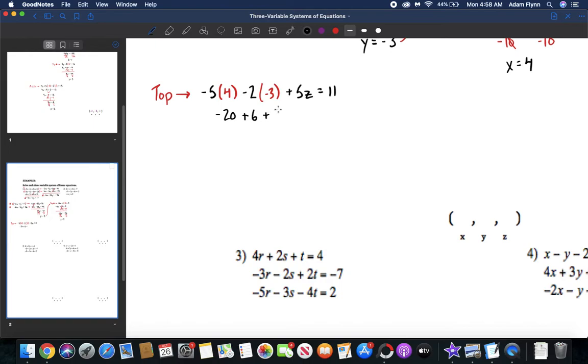And then I've got my plus 5z, which I didn't touch yet, equals 11. So I can take my negative 20 and add 6. When I do that, I get negative 14 plus 5z equals 11. I can add 14 to both sides.